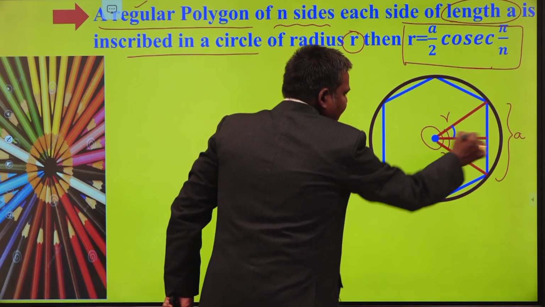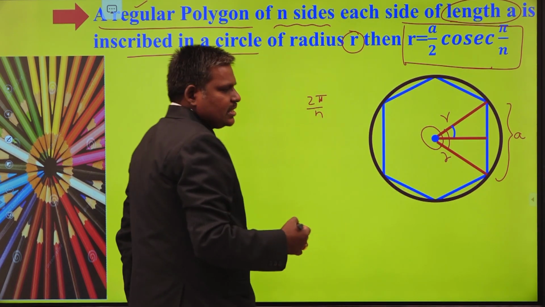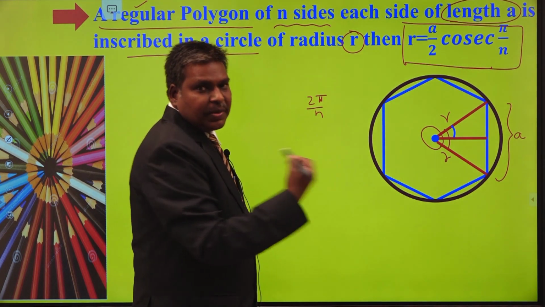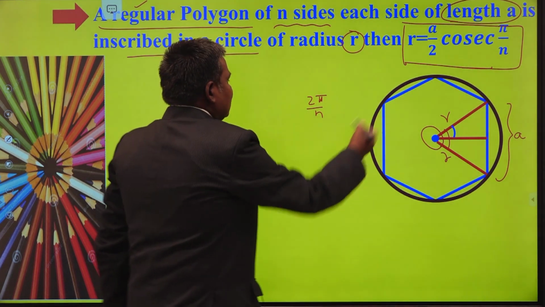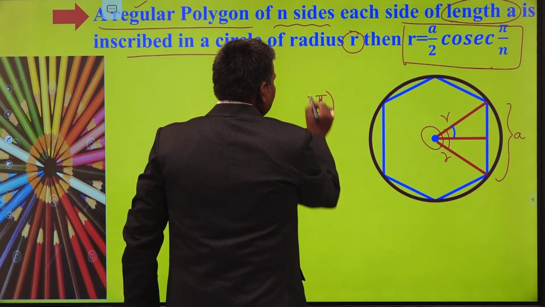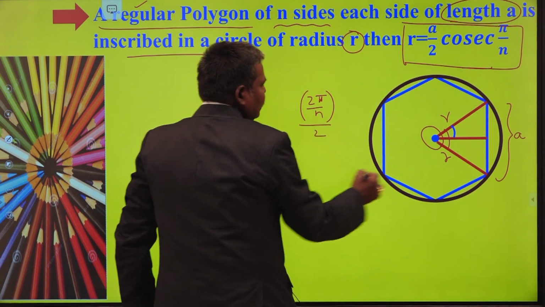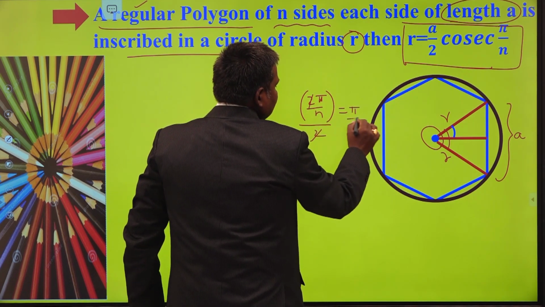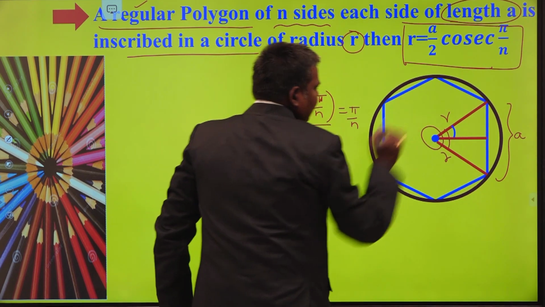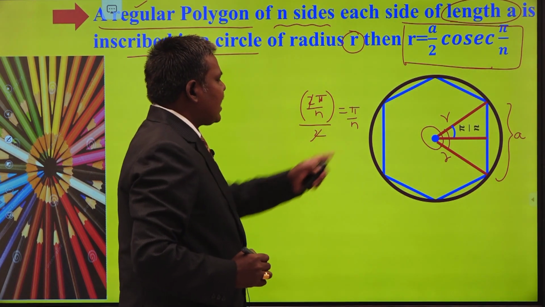We know that this is the angular bisector. Last class we discussed why it becomes the angular bisector, why it becomes the perpendicular bisector, why it is the median in an isosceles triangle. 2 pi by n by 2 is your angle, that is pi by n. This is the angle pi by n. Am I correct or not? So that is the angle pi by n.